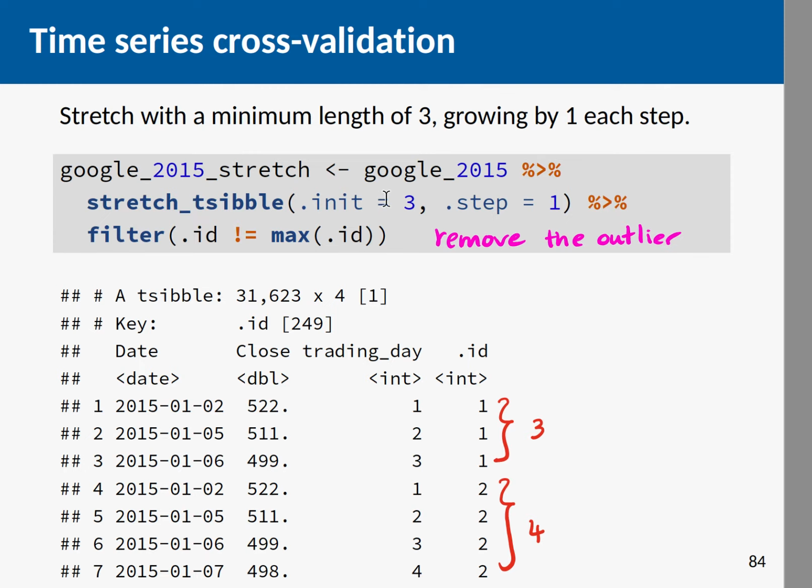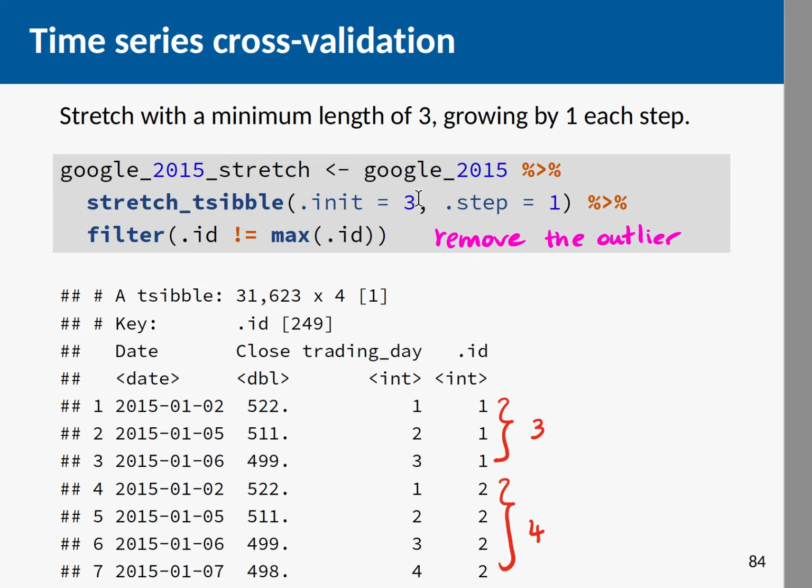So we will extract the stretch rolling window from the Google_2015 dataset, and we will use the stretch_tsibble command to do that. There are two arguments here that you want to pay attention to. The first argument is called .init, which is saying, how many initial values of the training data should we start with?